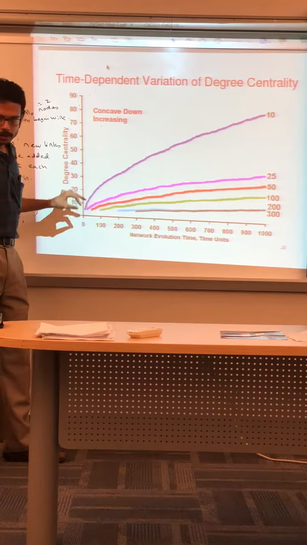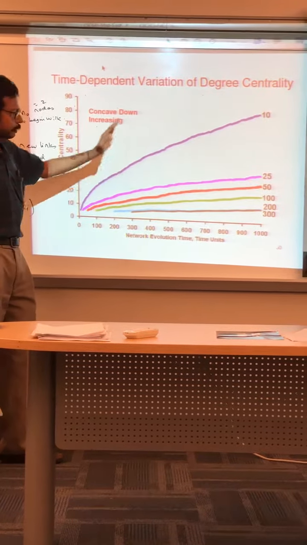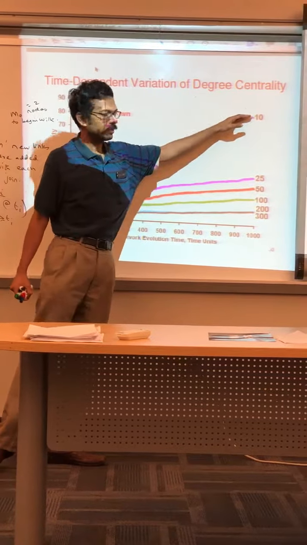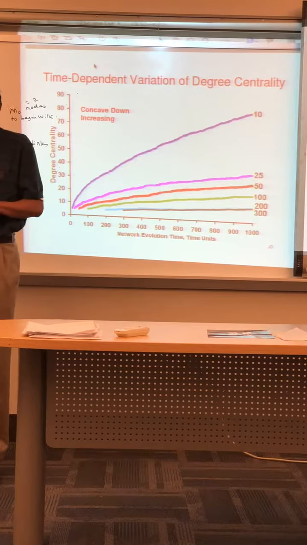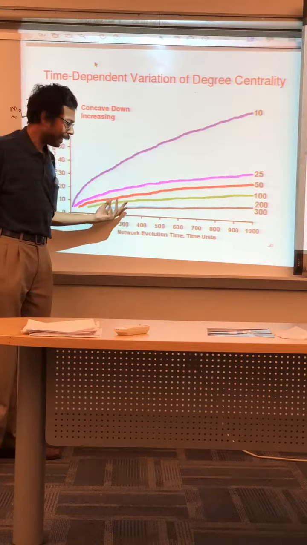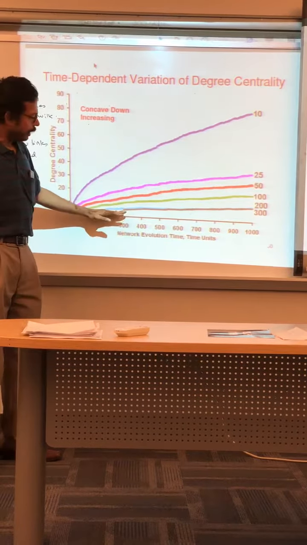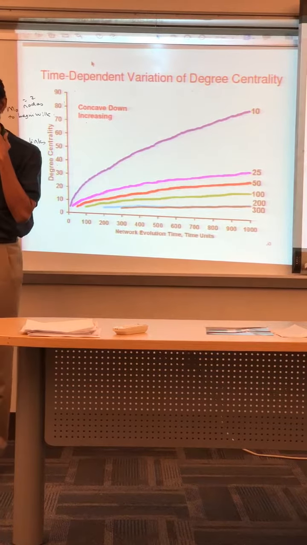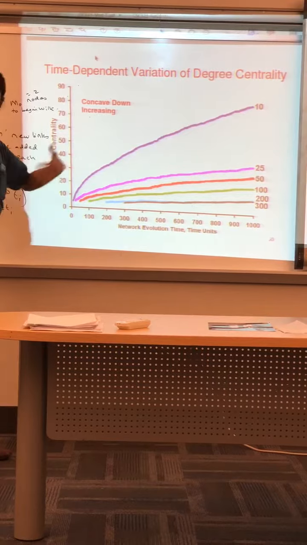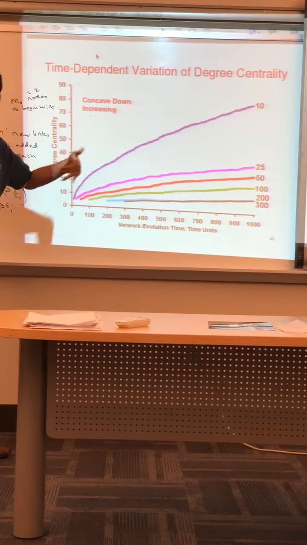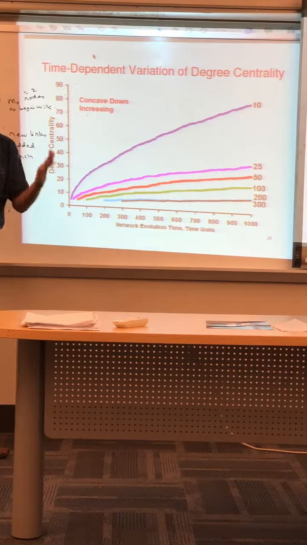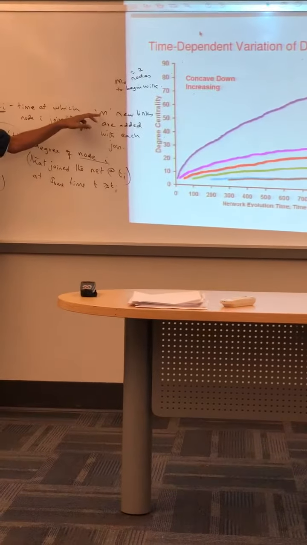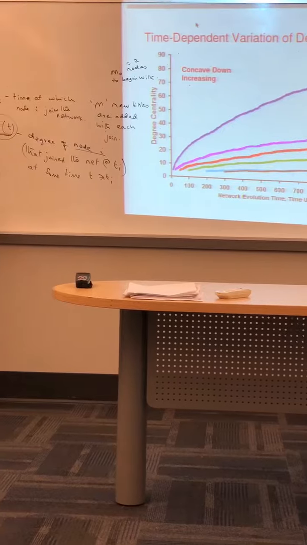The nodes that joined the network earlier get larger degrees, so they grow at a very fast rate, whereas the nodes that joined later, their degree grows at a very slow rate. Is that clear? Why is that? As time progresses, more nodes join the network, so there's a lot of competition, isn't it? Because each new node gets only the same number of links, m links, for every joining instant.